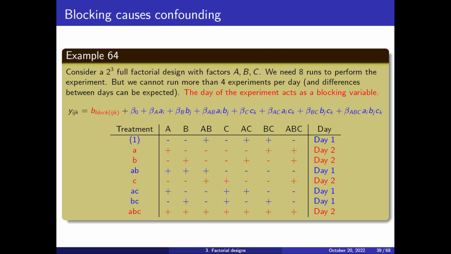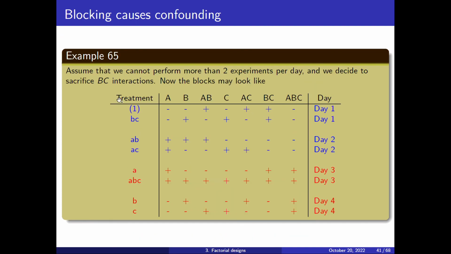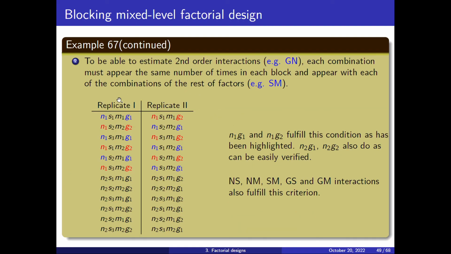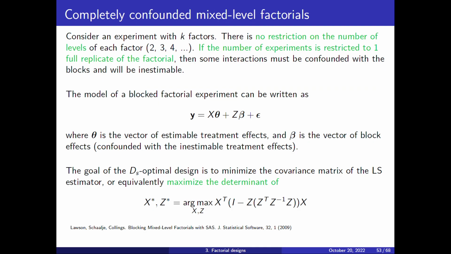Here. So this part is coming from the factors, while some other part is coming from the blocks. So we will have a matrix for the factors and a matrix for the blocks. And this theta and this beta will be the effects of the factors and the effects of the blocks respectively.